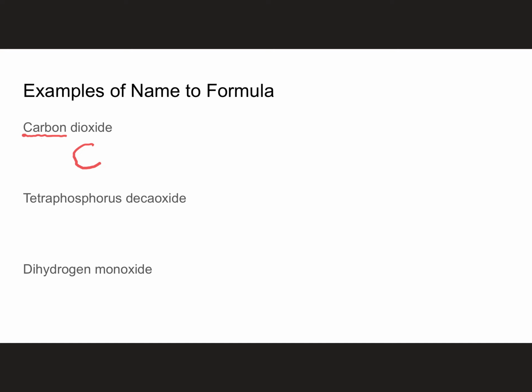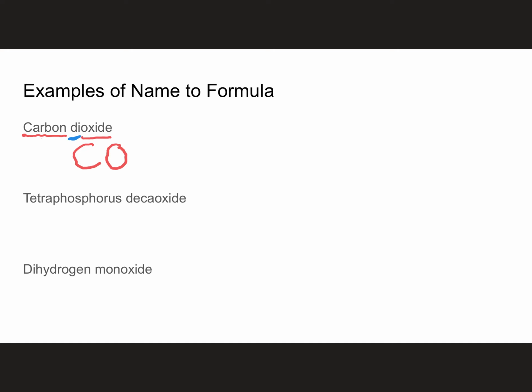Now I look at my second word, and the second word is oxide. I know there's a di in front there. We'll get to that in a second. Oxide stands for the "ide" version of oxygen. So we look on the chemical symbols from our periodic table, and we find that oxygen is an O. Now we look at the prefix for this word, and we see there's a di. I look at my chart, and I see that di means 2.